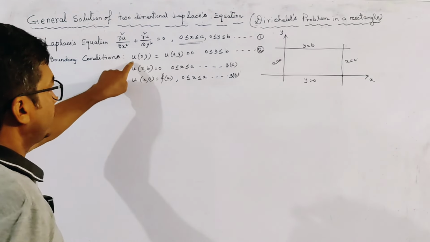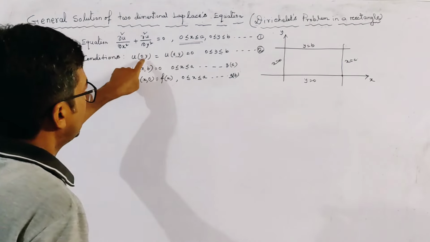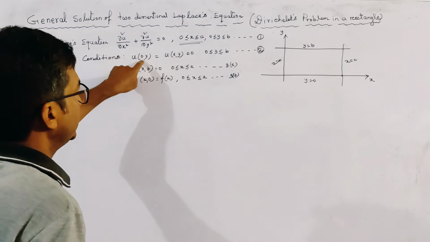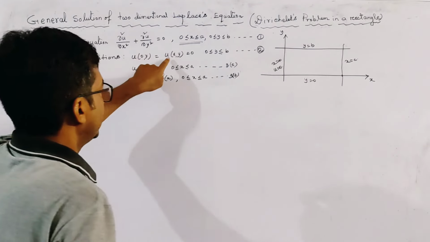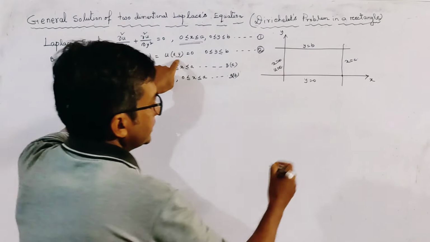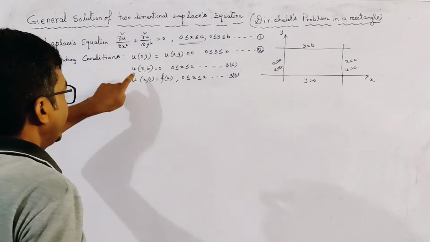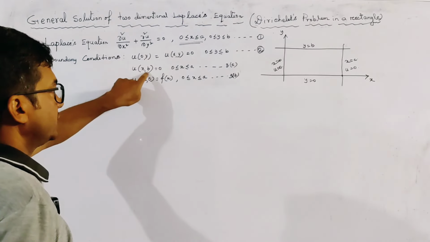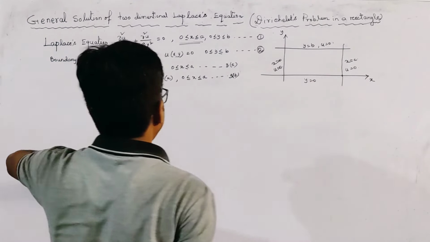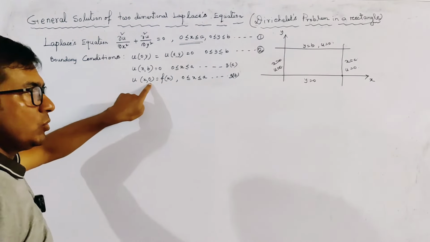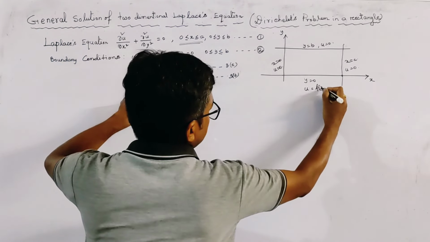From the boundary conditions we know that u(0, y), that is x equal to 0, then u equals 0. Also u(a, y), that is x equal to a, u is also 0. And where y equal to b, u is also 0, and when y equal to 0, u is equal to f(x).